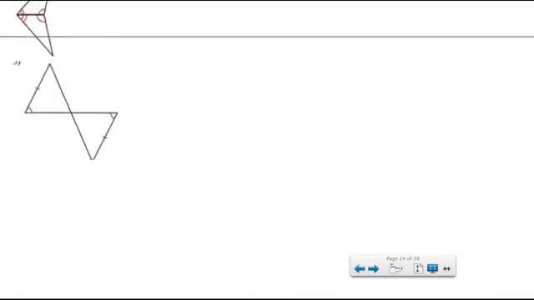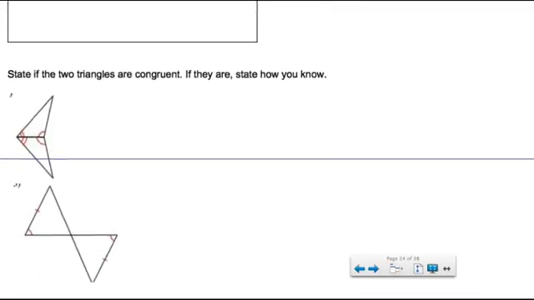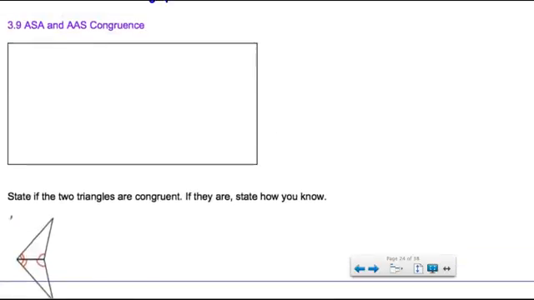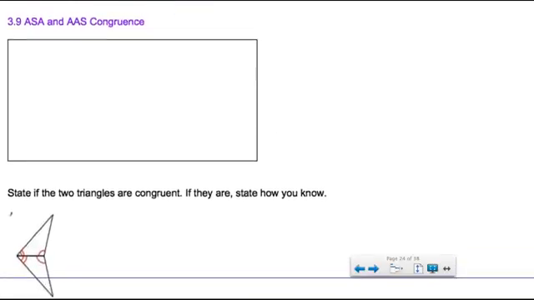Our next two up for discussion, our next two triangle congruence theorems, they're called, are the angle side angle and angle angle side. So let's split this like this. Angle side angle is exactly what you would think. It's when you have an angle, an included side, and an angle congruent to an angle, an included side, and another angle.